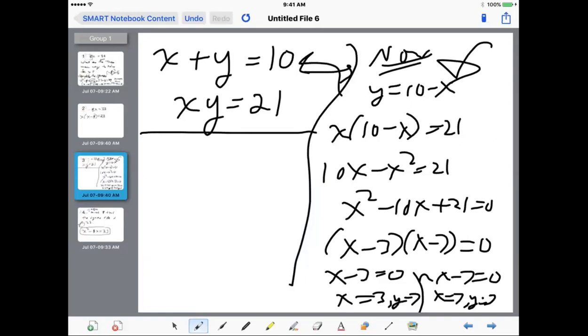Step 1, they say take half the sum. Step 2 is to square it. Step 3 is to subtract the product from this square.